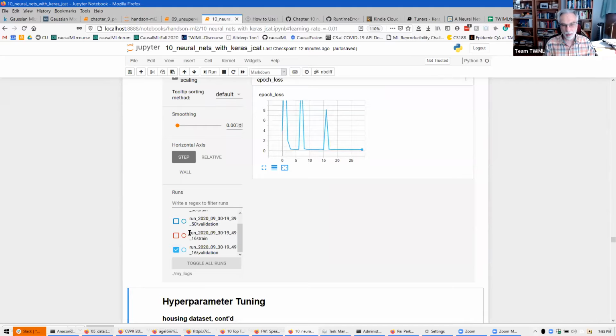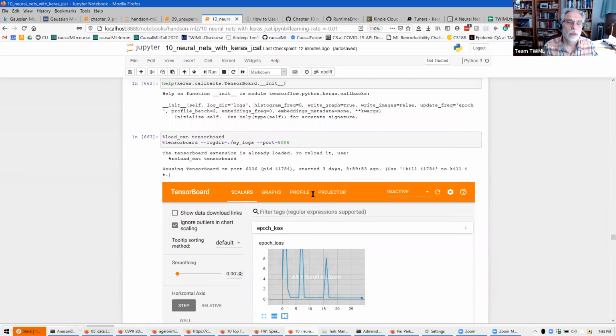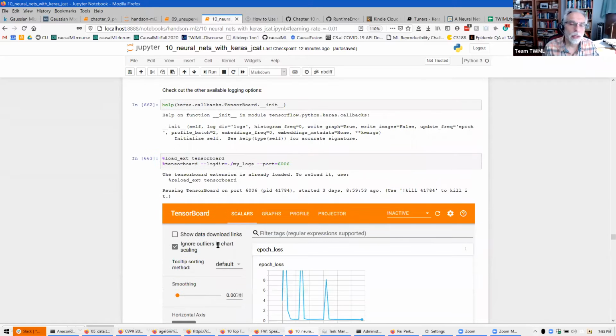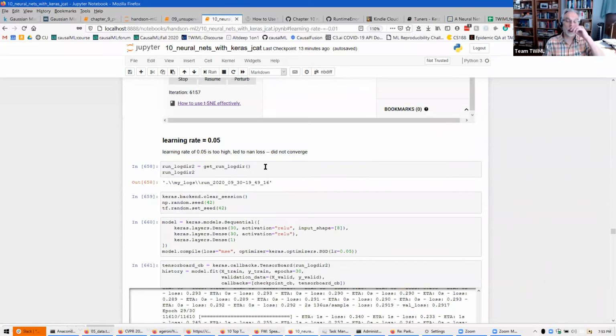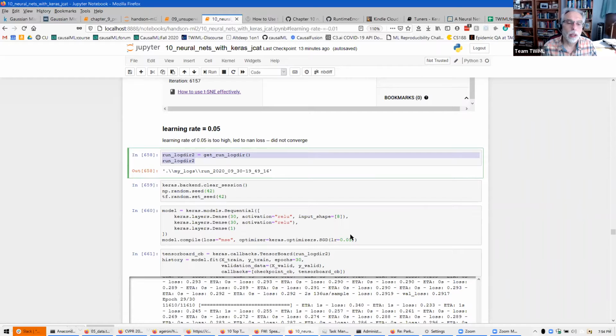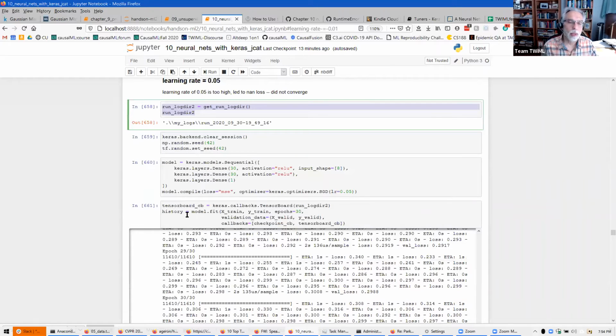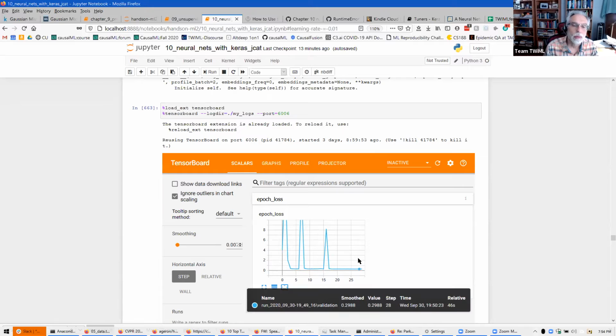It's looking at the last time I ran. In this run, I had to define a new log file, right? So we defined a new log directory, and so when I go in here, it's looking at the last 4 runs that I did. The only one that's relevant is the very last one, so that's this one.